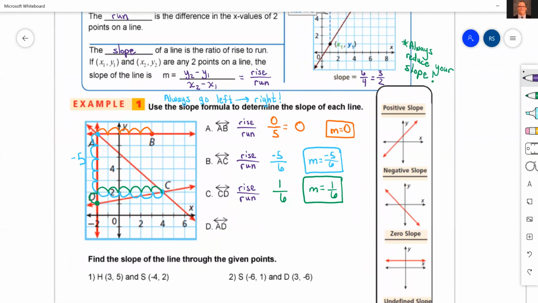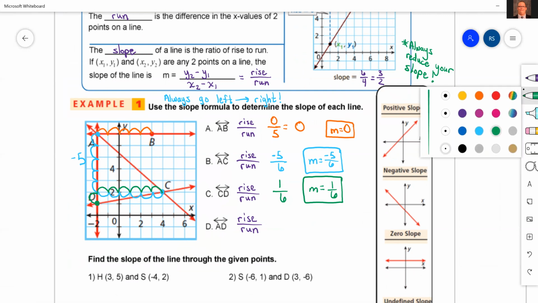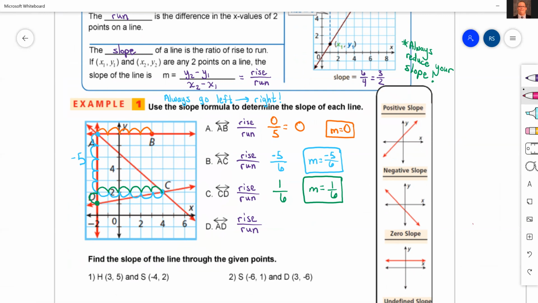And then last but not least, we have AD. We're going to do rise over run. Okay, A and D are on the same line. So I just got to go up. 1, 2, 3, 4, 5, 6. I'm going to go up 6. Do I have to go over any? No. Now, can you divide by 0?